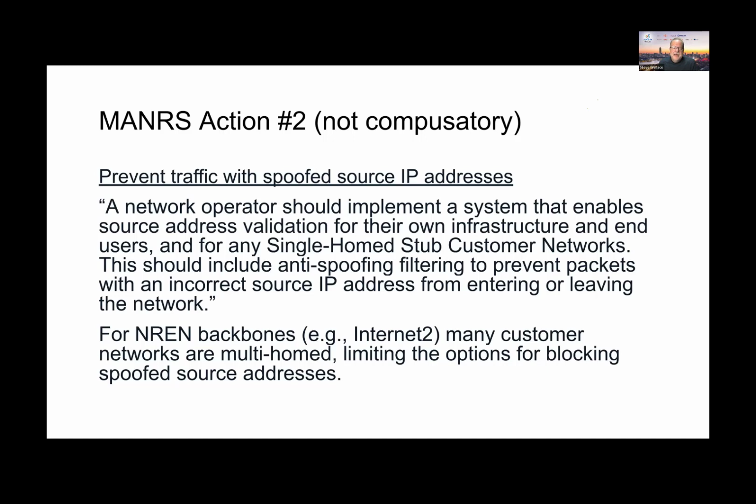The risk, if a campus is not configured to prevent this, is that they can easily become an amplification vector for a DDoS attack. This is an unusual MANRS requirement in that it doesn't address routing information directly. It isn't part of the control plane, it's part of the data plane.